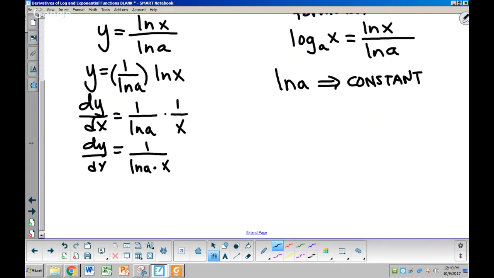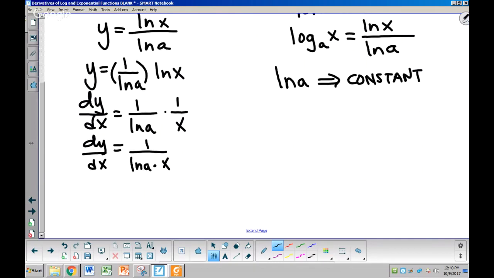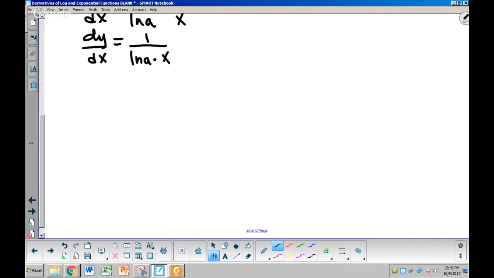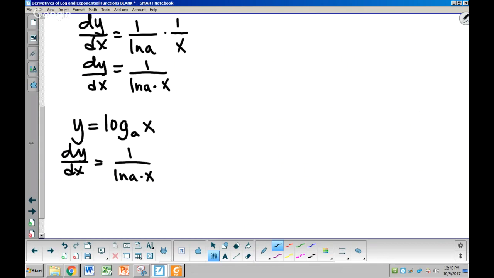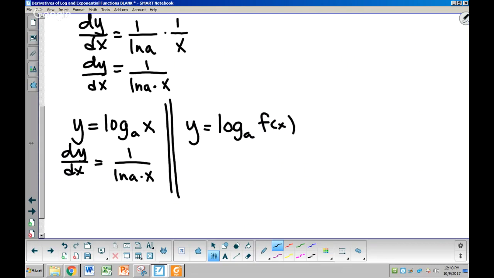So let's do our summary chart. If y equals log base a of x, dy dx will equal 1 over the natural log of a times x. What happens if it's y equals log base a of f of x?